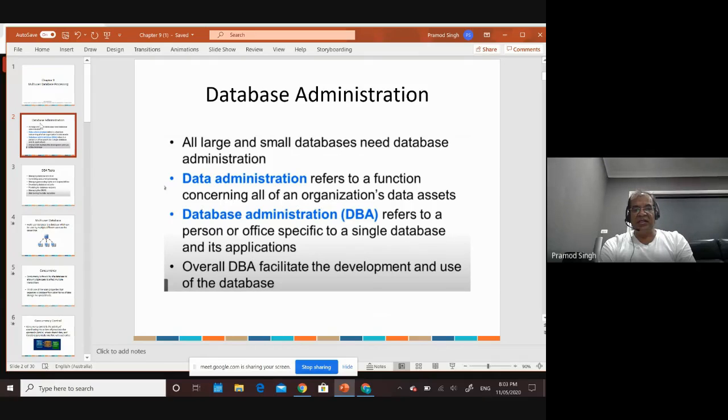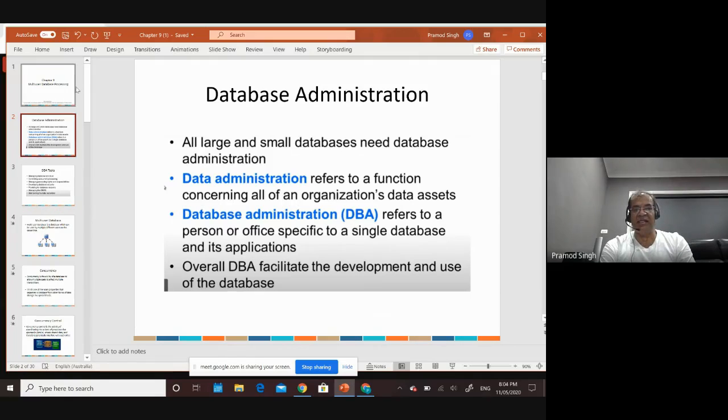A database administrator can be a person or an office with a number of technical database people. The overall activity of a DBA is to facilitate the development and usage of the database.